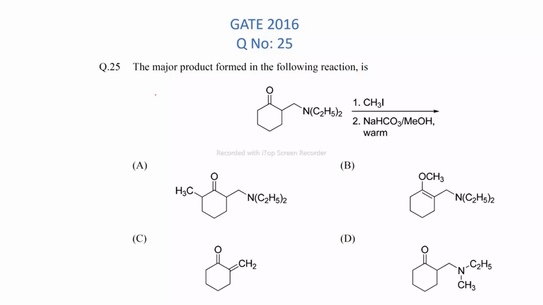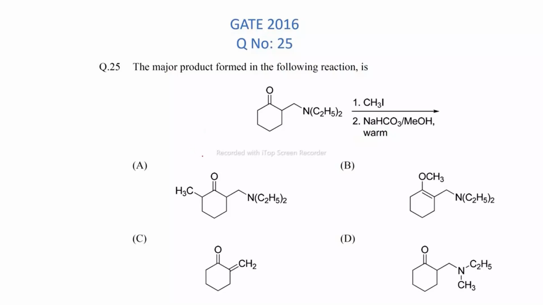Yes, solve this. The major product formed in the following reaction is, so this is our substrate and we treat it with methyl iodide followed by sodium bicarbonate and methanol and heat. So we have to find out which option is correct.